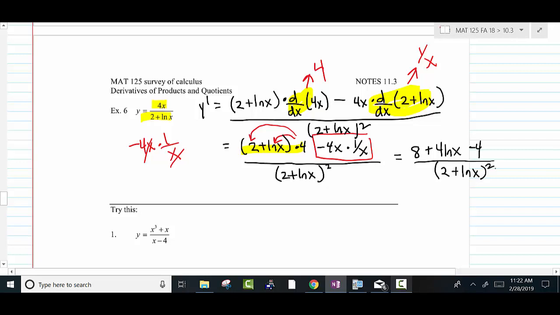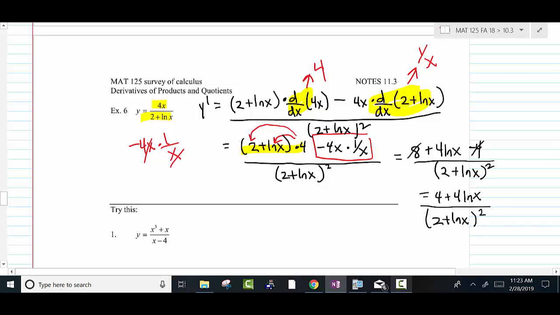The only other thing I see, there's actually going to be 2 things you can do on this problem, is 8 minus 4 is going to be 4. So I've got 4 plus 4 ln x all over 2 plus ln x squared, like that.